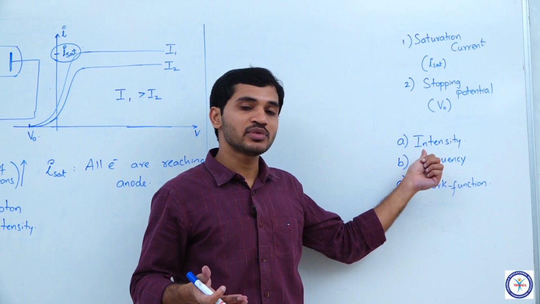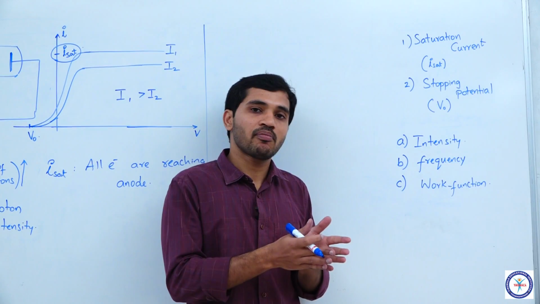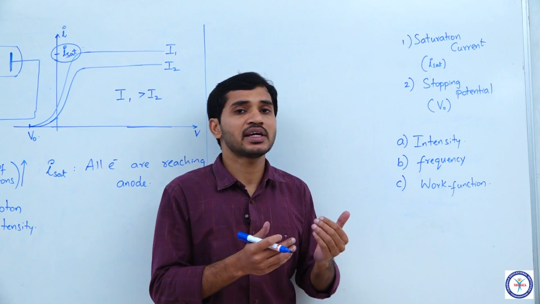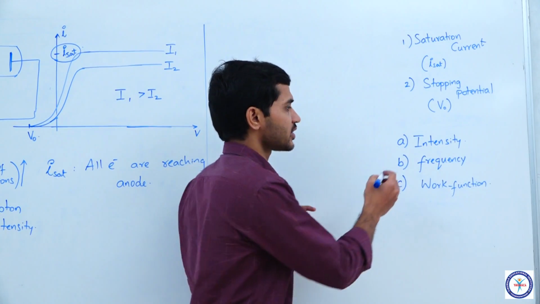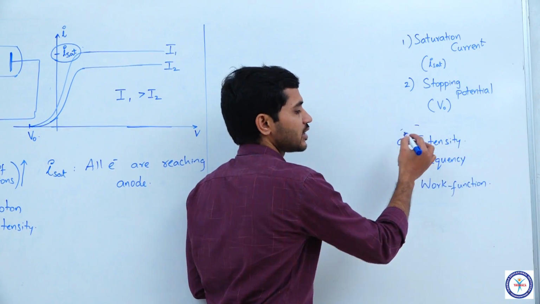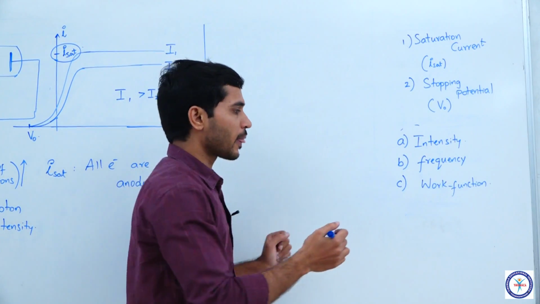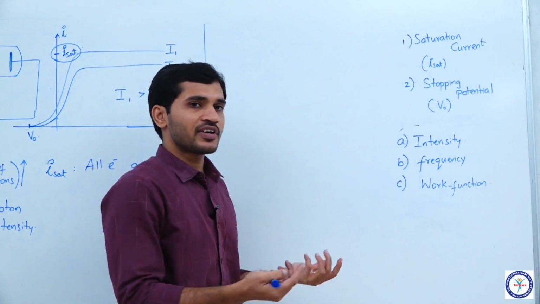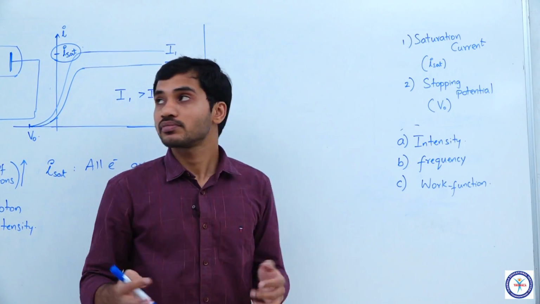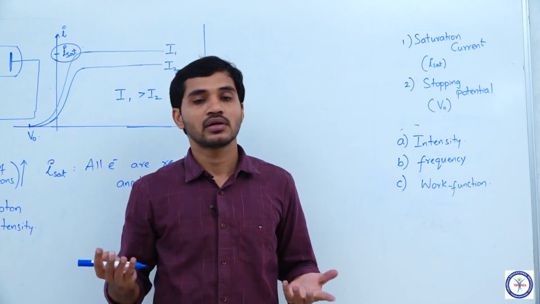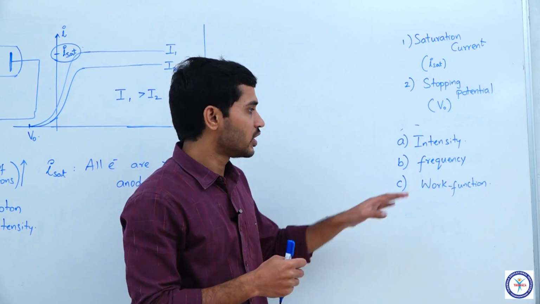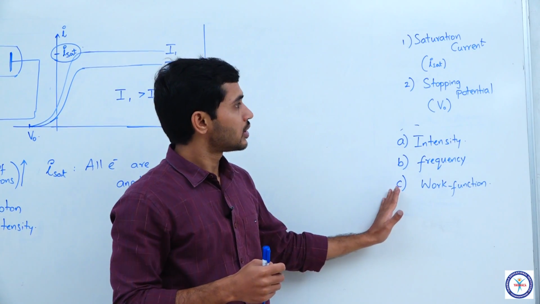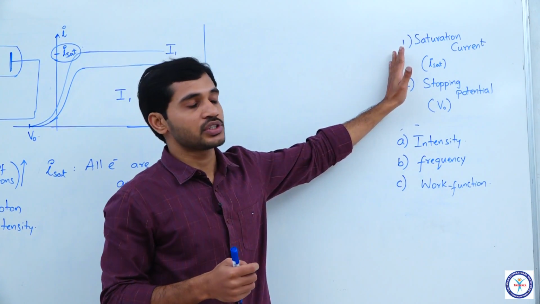Variation of intensity means you are keeping the light the same, but you are changing the number of photons by controlling the brightness. Intensity is directly related to the brightness of the light. Now work function can be changed by completely changing the metal on which the photoelectric effect is being observed. So these are the controllables and these are the observations.